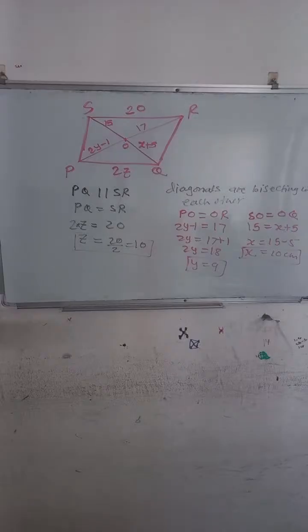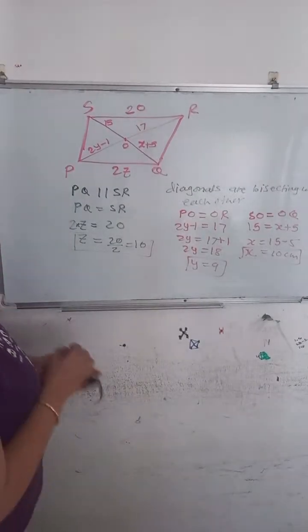I'll repeat. KLMN is a rectangle. Find the value of x. Also find the length of the diagonal.